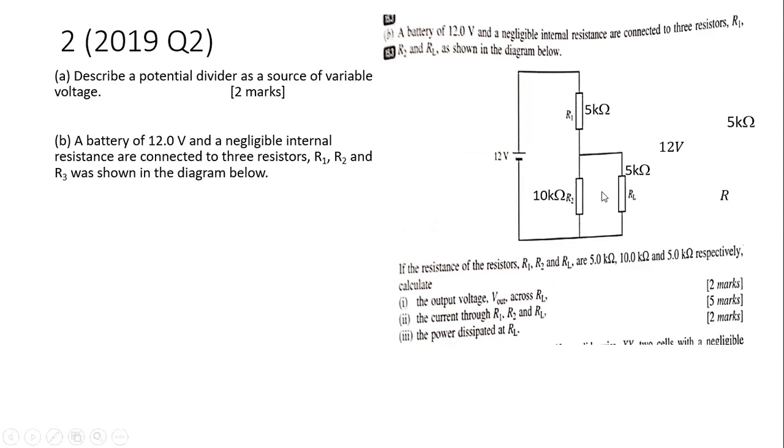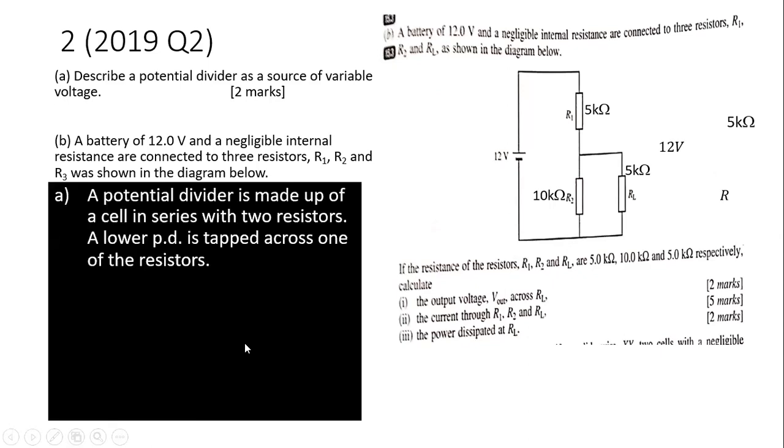Draw the picture and then describe. A potential divider is made out of a cell in series with 2 resistors: the EMF of a battery, a fixed resistor, and a variable resistor. It doesn't have to be variable. You just tap your PD from one of the resistors, that's all.